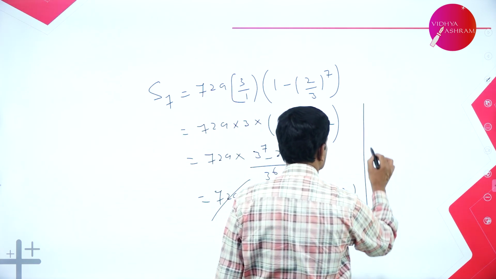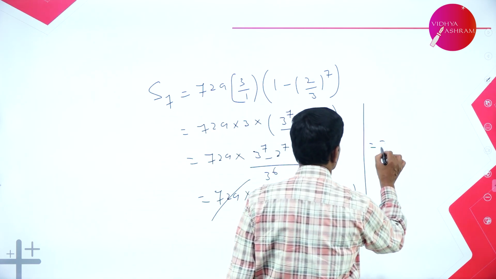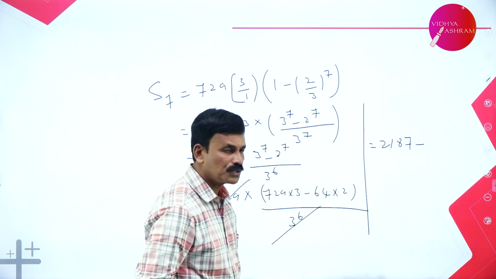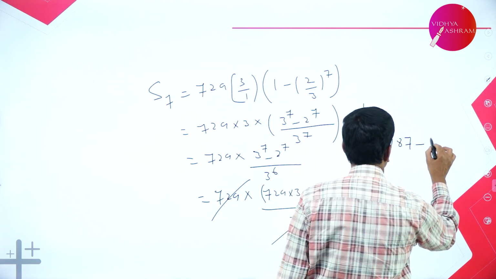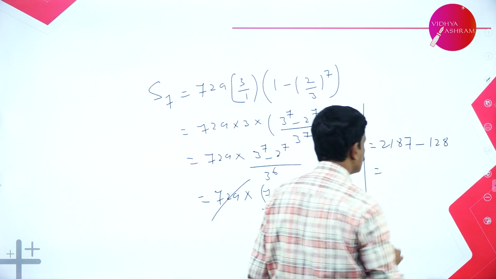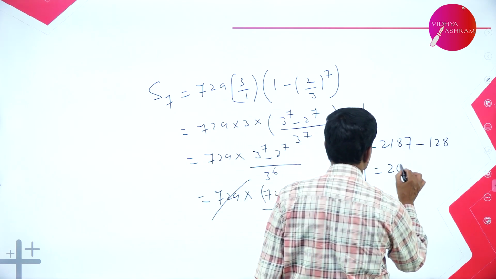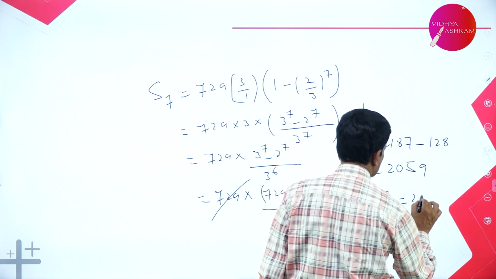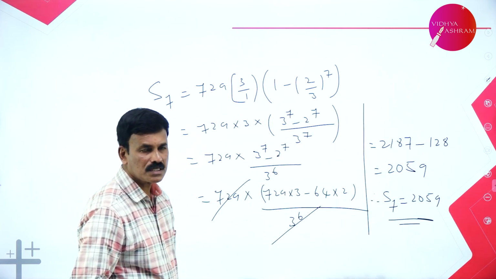Simplify this: 729 times 3 is 2187, minus 64 into 2 is 128. Subtract this, we get 2059. So, therefore, the sum of 7 terms is equal to 2059. That's it, very simple.